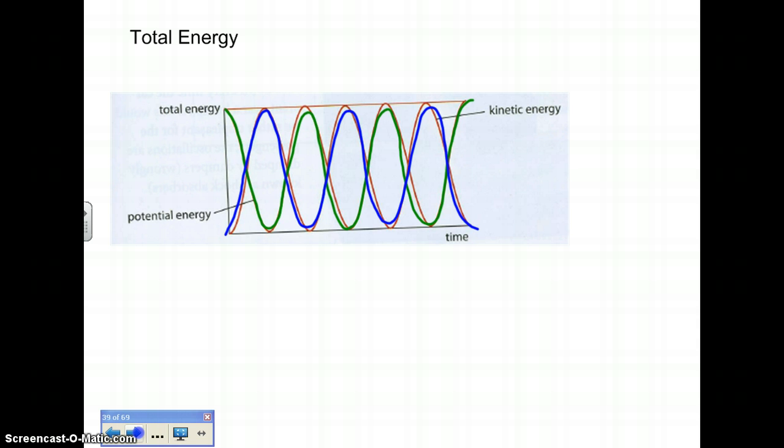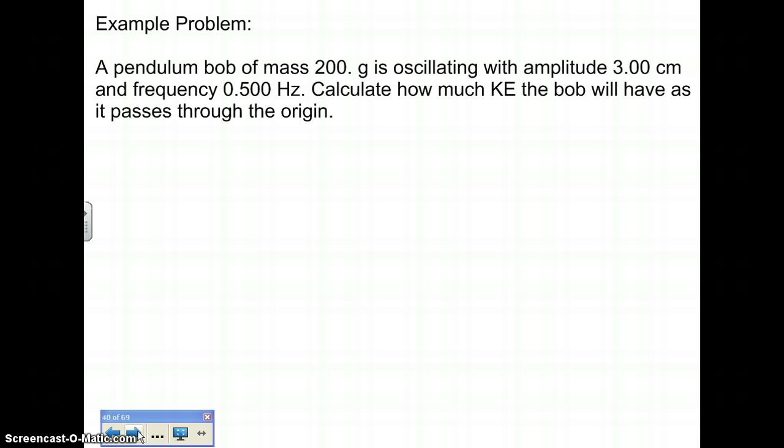So you can see at points where your kinetic is max, your potential is the lowest. So they're going to cancel each other out. So this is where we're going to start talking about in phase and out of phase, hence conservation of energy here, because whatever the KE is, it's 100% transferred over to PE, and then vice versa.